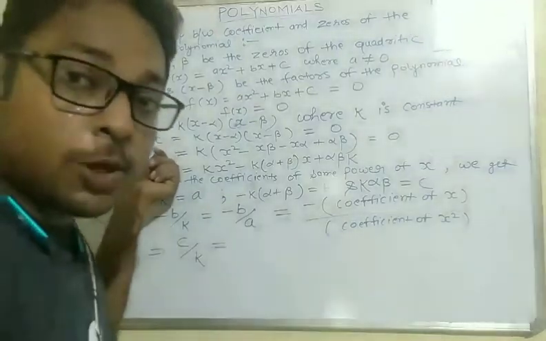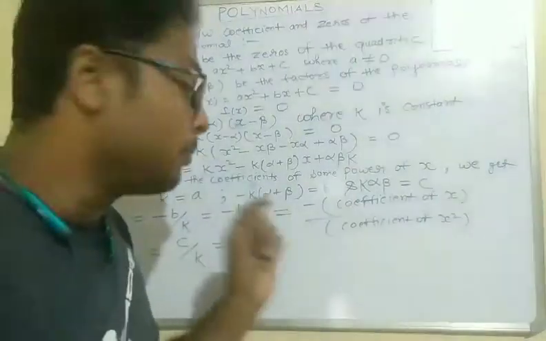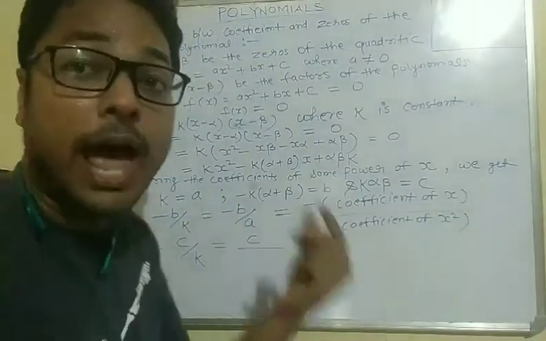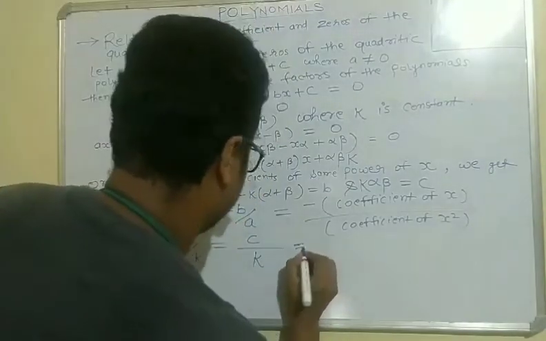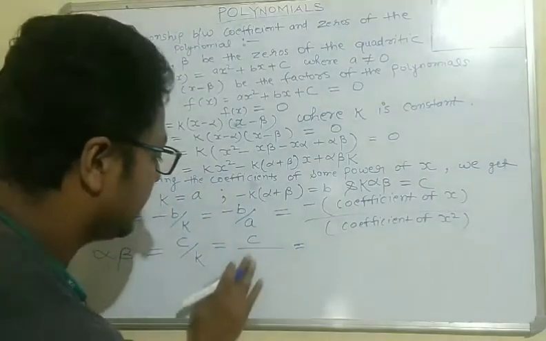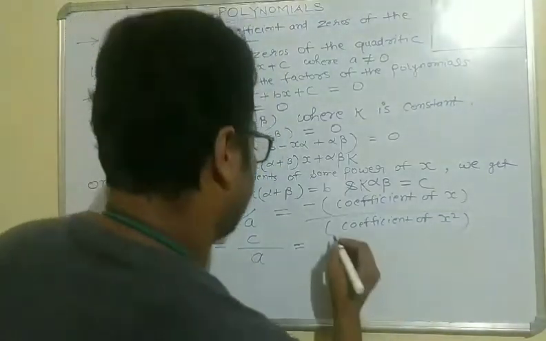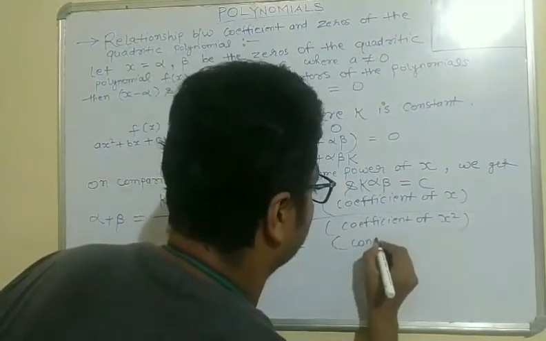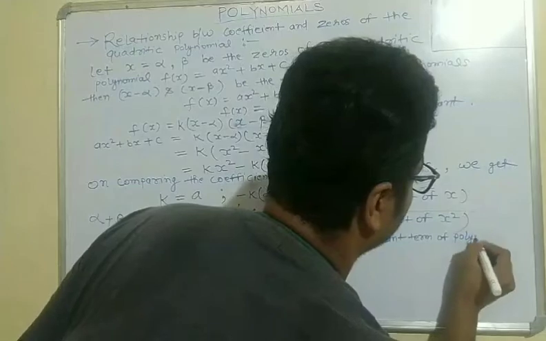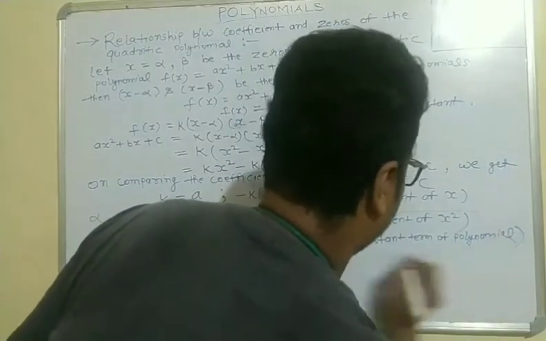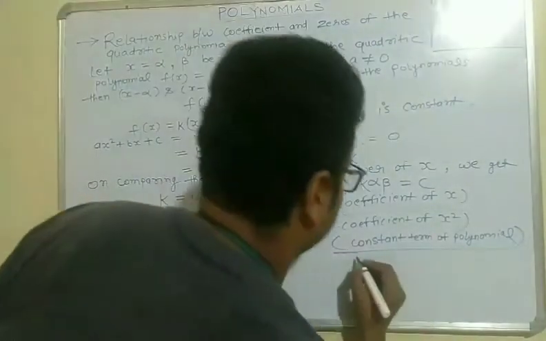C is the constant of the polynomial, and k is the constant of the factors of the polynomial. Here k can be represented as a. It will be c upon a. It can also be written as the constant term of the polynomial upon the coefficient of x square.